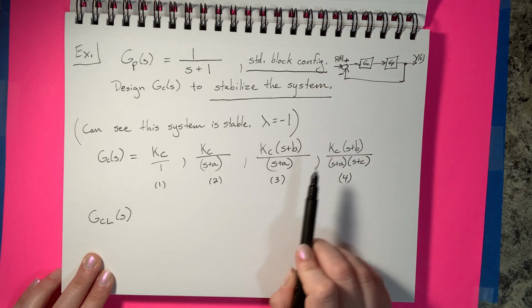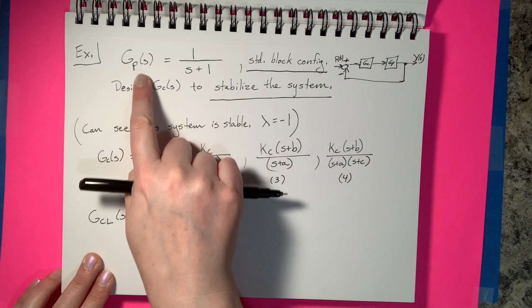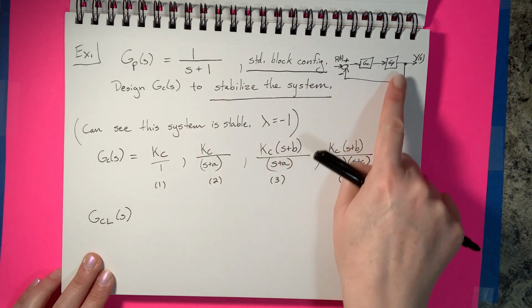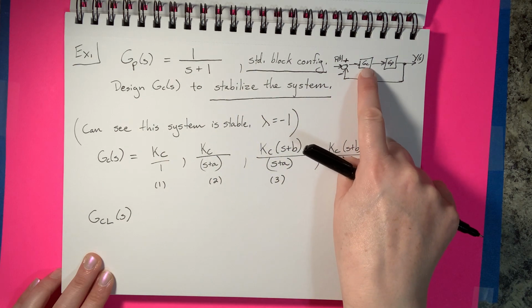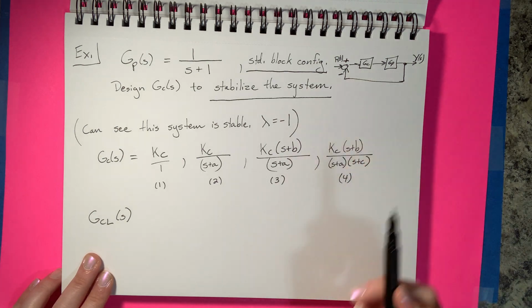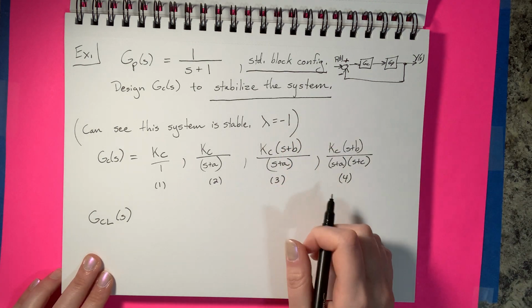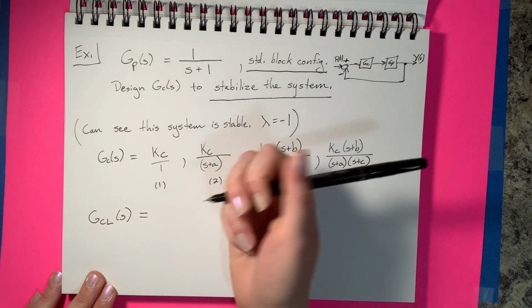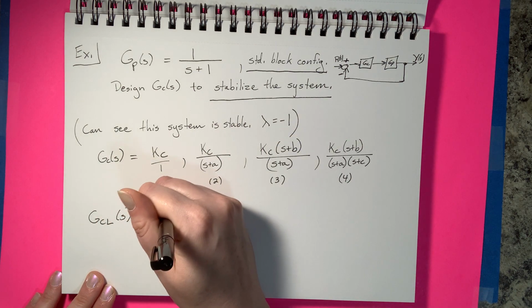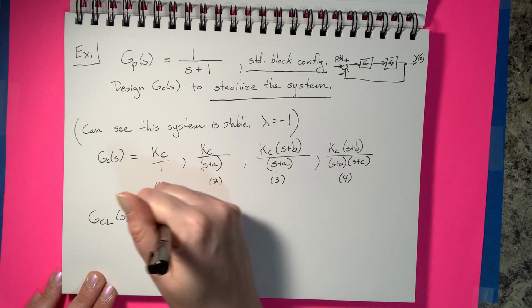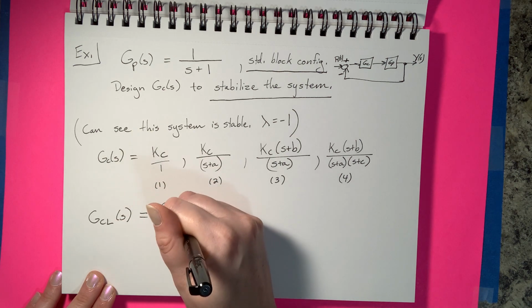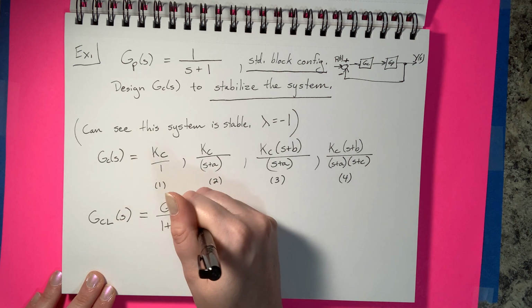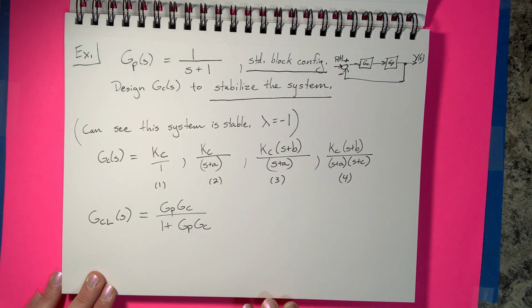And then we plugged in P sub P over Q sub P and P sub C over Q sub C for GC of S. So what we did is we found this formula right here.